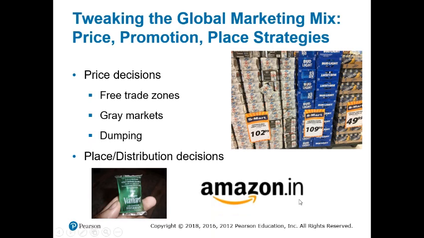And you have to do something similar about distribution. How will you distribute your products, for instance, in India, where Amazon is operating? Well, I'm sure the shipping of products consumers buy will be done in a different way than here in the US, where you rely more on efficient postal services.